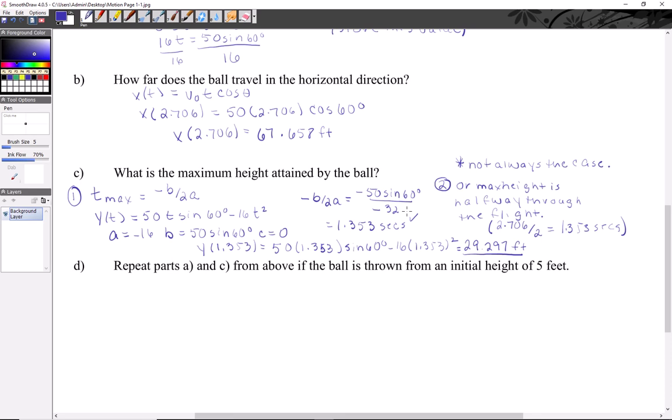There's any number of things that wouldn't be ground to ground, and if you're not doing ground to ground, then you should use the first method. Okay? All right, so that's how you find the maximum height attained by that projectile.